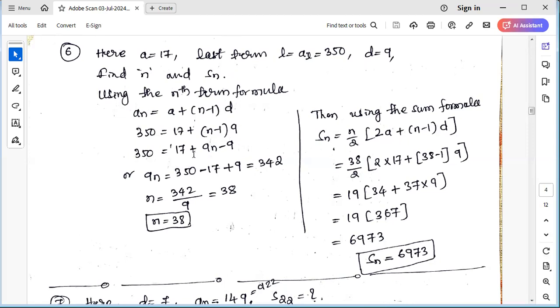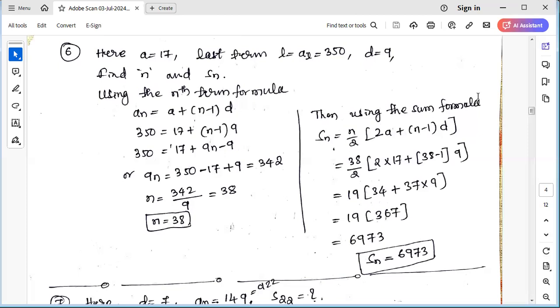So 350 is equal to 17 plus, you multiply this 9 to the bracket, it becomes 9n minus 9. Next, rearrange the terms, or 9n is equal to, you take this 17 and minus sign to the other side. So it becomes 350 minus 17 plus 9. So this gives 342. That means 9n is equal to 342, or n is equal to 342 divided by 9. So this gives 38. So in this way, we got the value of n as 38.